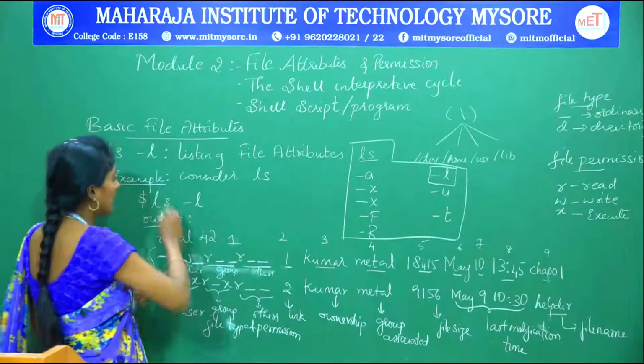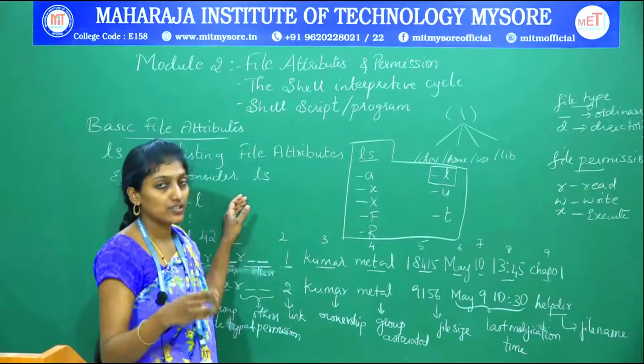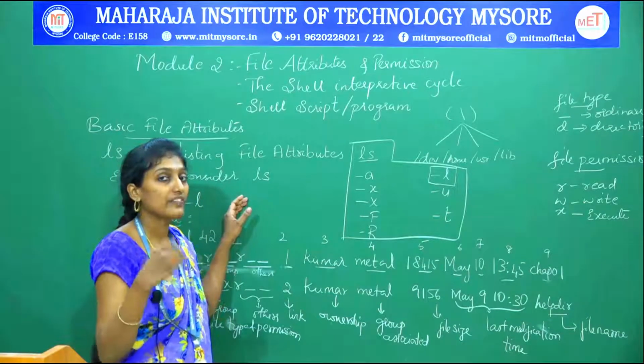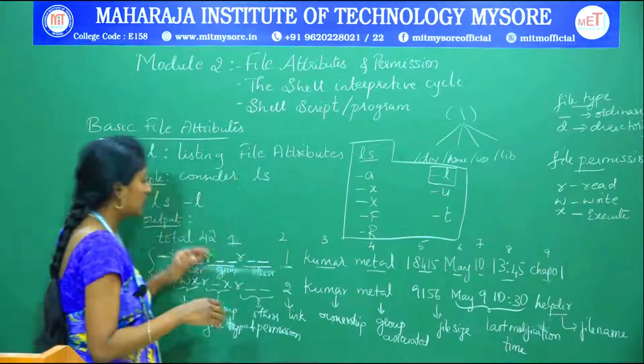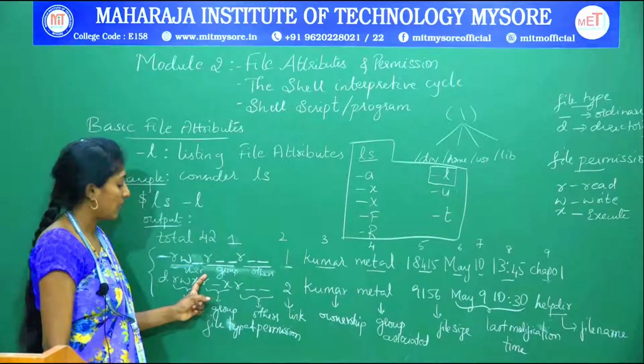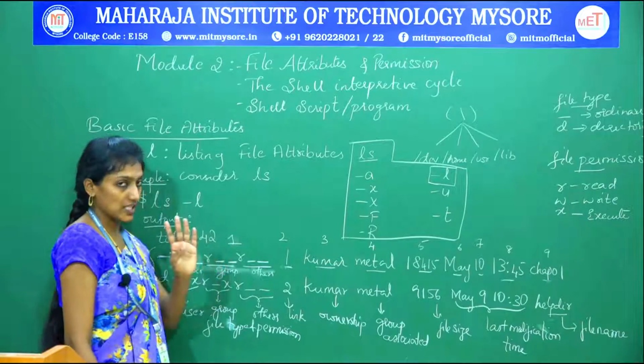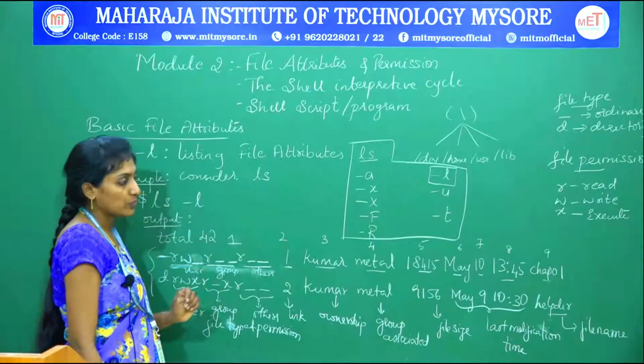If you just mention ls -l, then under whichever directory the user is currently at, all the files will be listed out in this 7 columnar output. In the 7 columnar output there are 9 output contents.